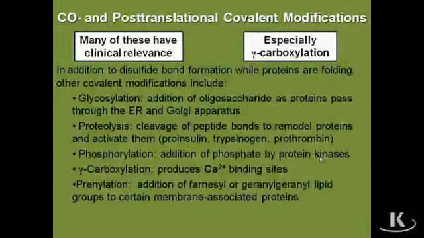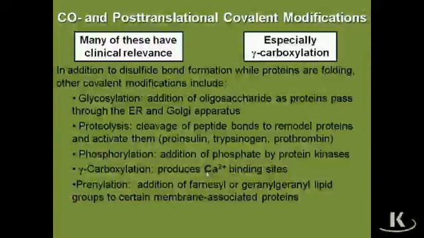Now, what does gamma carboxylation do? If you see down here, what it's going to do is produce calcium binding sites. There's a specific amino acid on the clotting factors that will bind to calcium. But it's an area that has 1 glutamic acid residue.